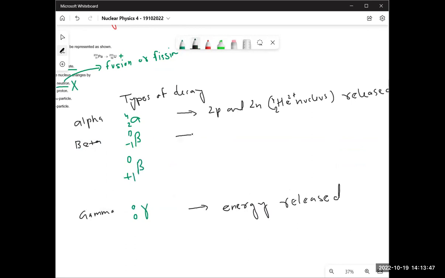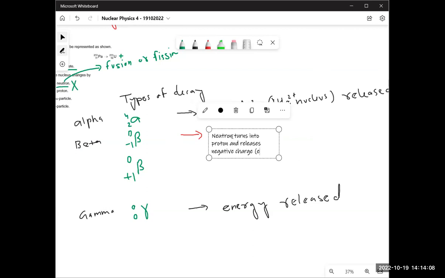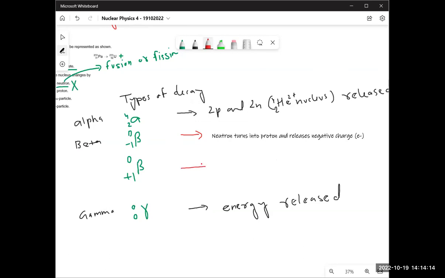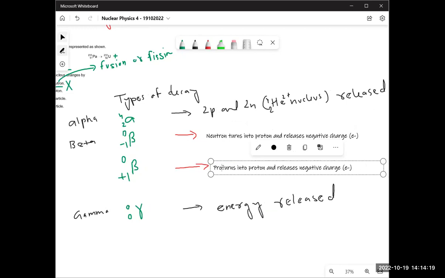In beta negative, a neutron turns into a proton and releases a negative charge. Write this, tell me when you're done. And in this one, a proton turns into a neutron and releases a positive charge.